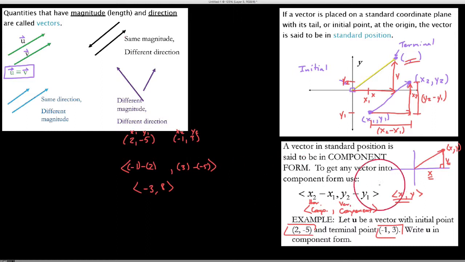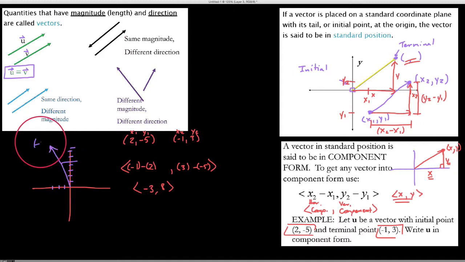So essentially, some vector that started at (2, -5) and went to (-1, 3) might as well start at the origin. If it started at the origin, it would just mean that it goes left 3, 1, 2, 3, 4, 5, 6, 7, 8, and up 8, and those two vectors would be the same vector. Okay, so that would be the component form of this that just basically indicates where it terminates because we assume it starts at the origin.